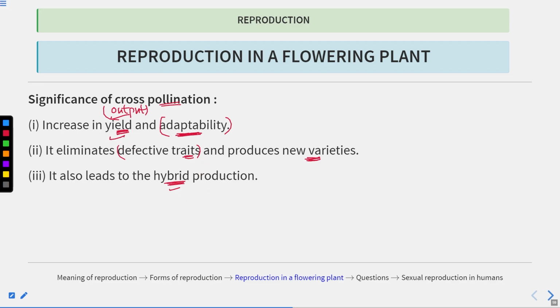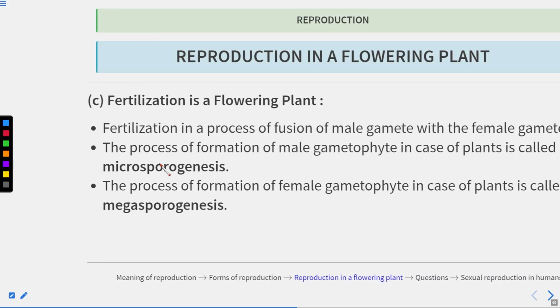The defective trait will be lost. And if the hybrid is formed, then you can say a new variety is also formed. Clear? This hybrid will have better yield because it will take all the good characters of both the parents. Clear? So usually it takes the good characters only.